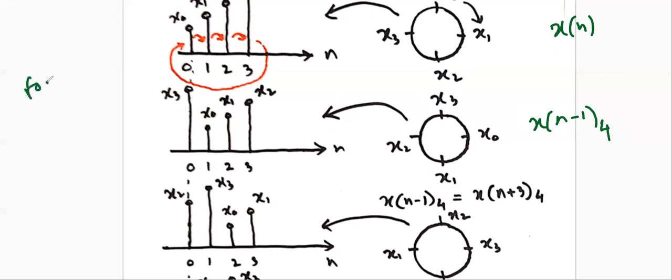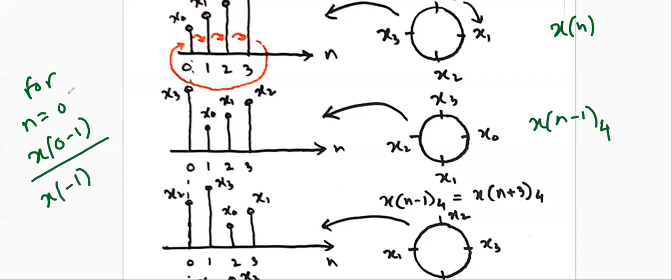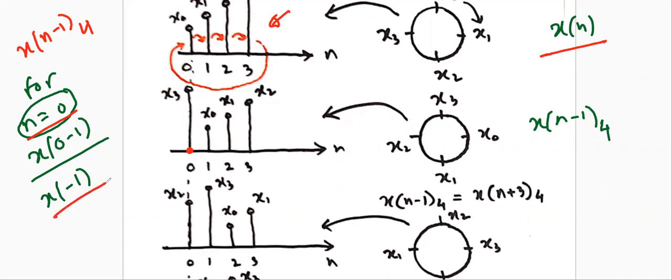For n equals 0, it will be x[0-1], which is x[-1]. So we are targeting this point, n equals 0, of the new signal. What is the new signal? The new signal is x[(n-1) mod 4]. For the new signal, for n equals 0, where is the mother signal? The mother signal is x[n]. So x[0-1] gives x[-1]. Do you have any x[-1]?